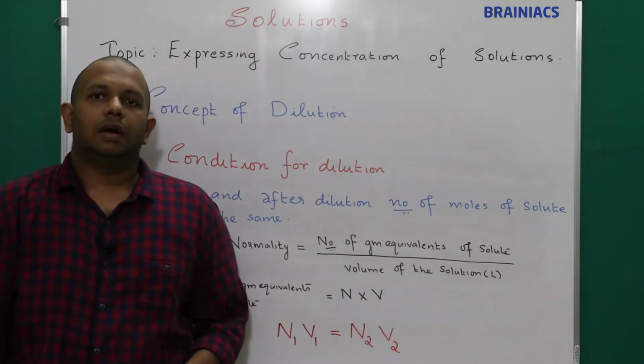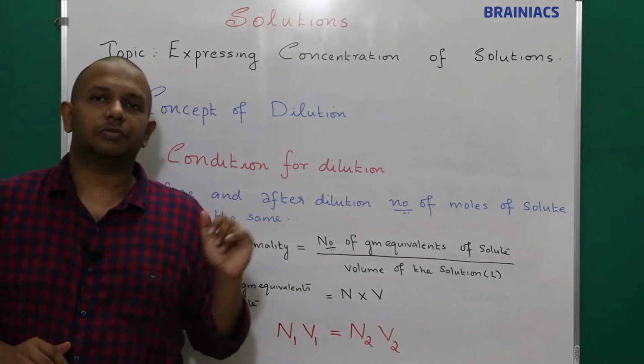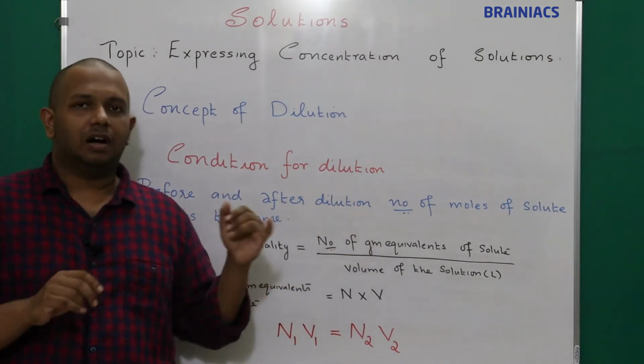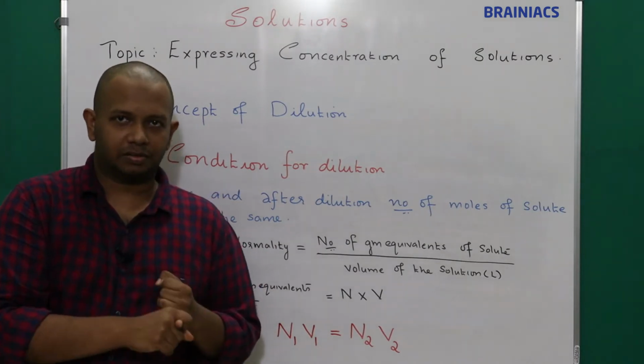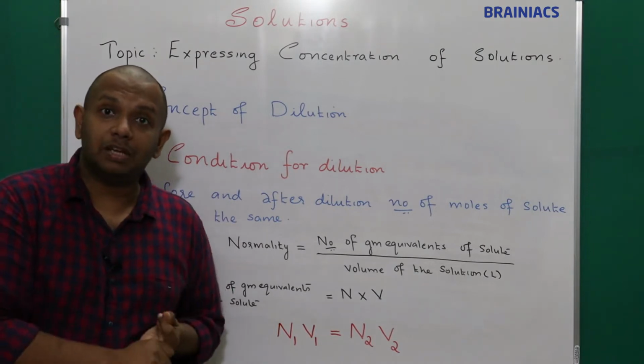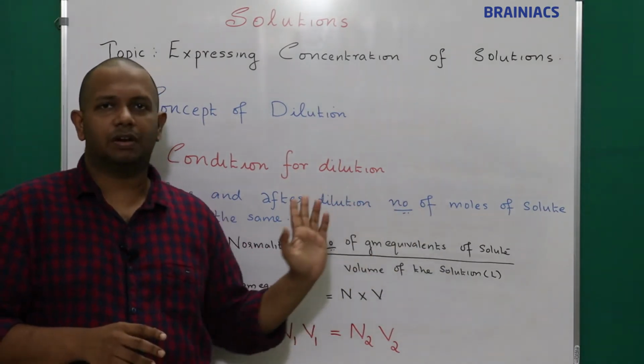Clear? Now listen here. We can also represent the same concept in terms of normality. We again know that the mass of the solute remains the same, the number of moles of the solute remains the same, and the number of gram equivalents of the solute remains the same. So next I am trying to derive the number of gram equivalents of the solute.